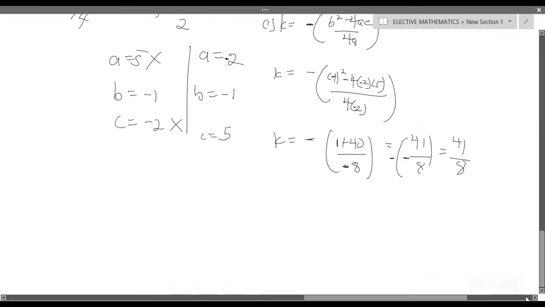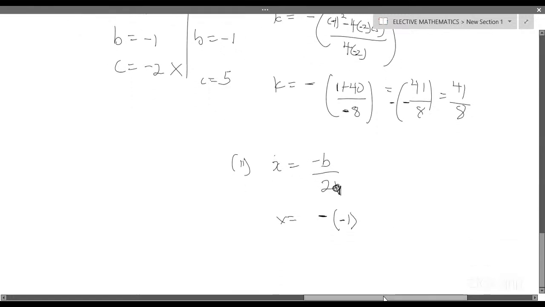Now the second question, the axis of symmetry, right? In other words, where it occurs on the x-axis. And what's the formula for that? X is equal to minus b over 2a. We know our a, we know our b, we know our c. This one, we don't even use c. So what is it going to be? Minus b, our b is -1. So minus -1. Take notice of that too, your integers.